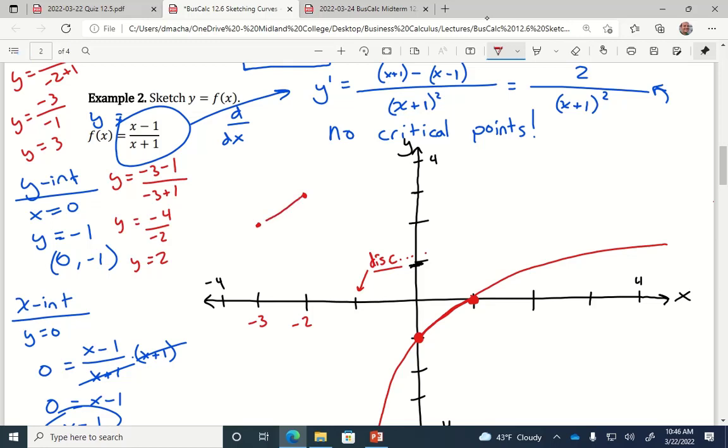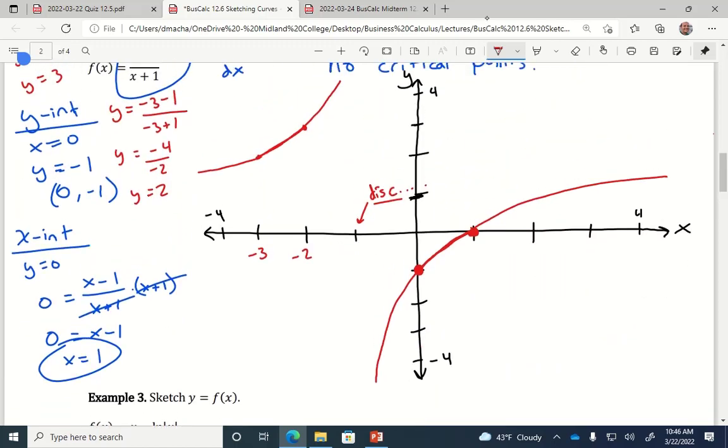So I'm clearly increasing between these 2 points. I can't be decreasing anywhere, because that would give me a maximum or minimum. Can't have those. And then I have this discontinuity where I have to be increasing until I get to the discontinuity, and I have to be increasing getting up to that point. Because again, if I'm ever decreasing, that would give me a maximum or a minimum. I can't have those. So I have this kind of situation here.